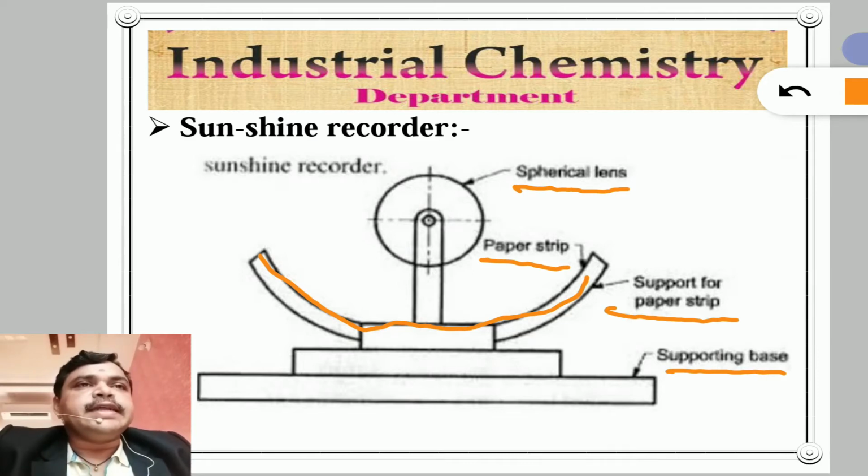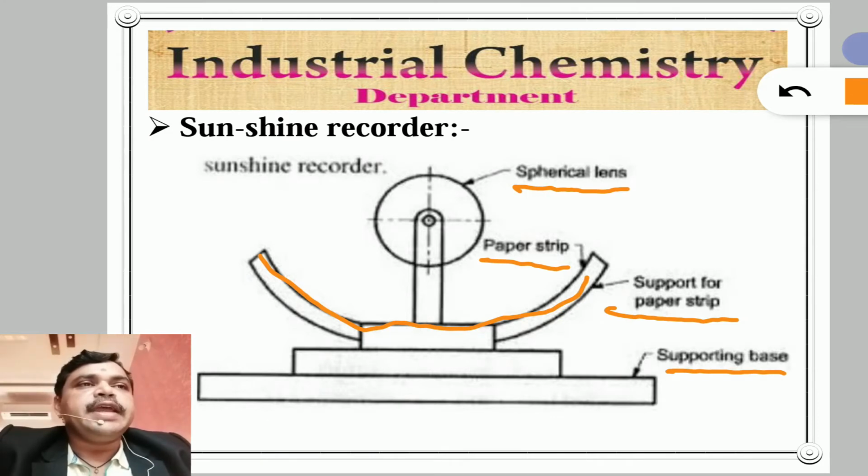Mounted concentrically with the sphere. Whenever there is bright sunshine, the image is so intense that it burns a spot on the card.